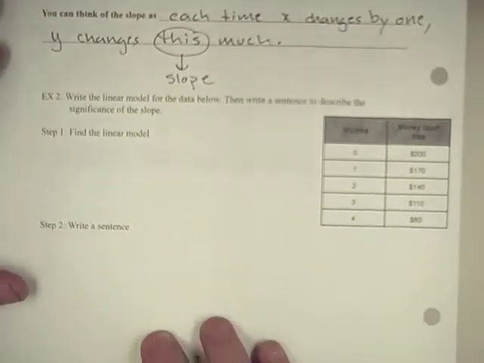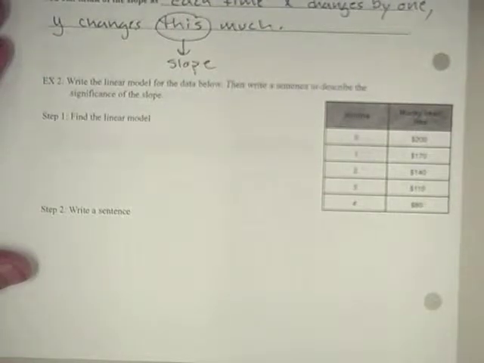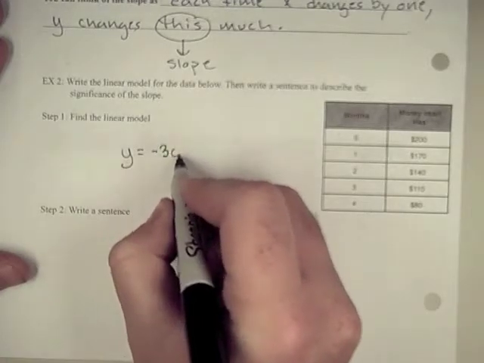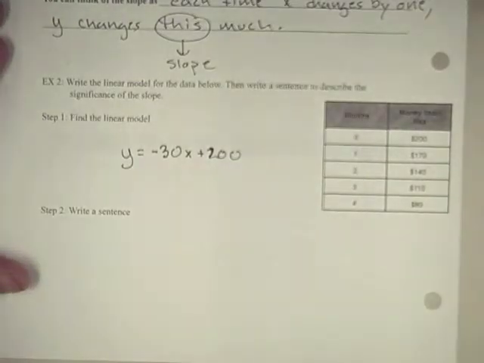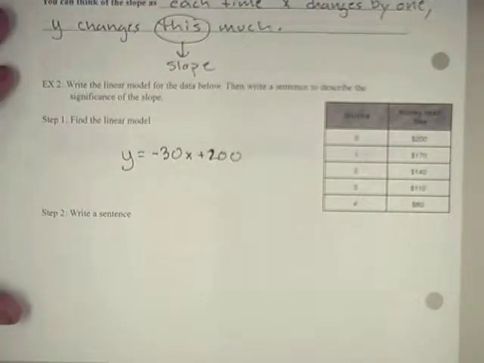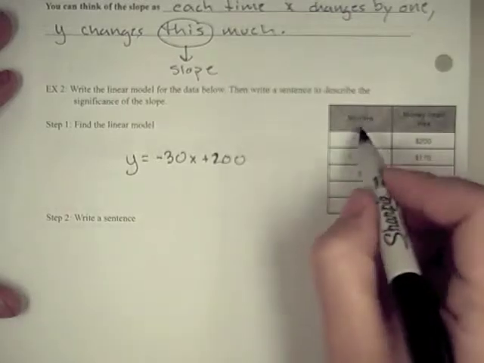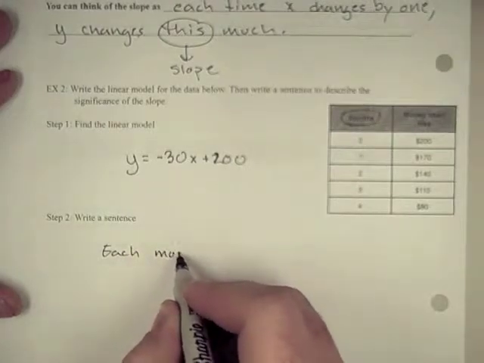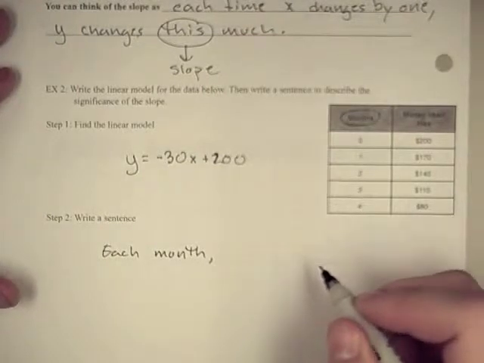Down here, we can do the same thing. Find a linear model and then write a sentence to describe the significance of the slope. The linear model ends up being y equals negative 30x plus 200. If we're going to write a sentence for it, we write it in the general model. Each time x changes, y changes this much. So each time x changes, I see that x here are my months. So each month, you could say each time a month passes, or each month that goes by, y changes.